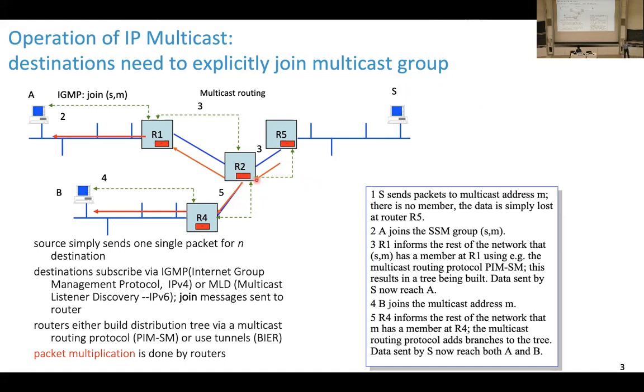The routers, in some sense, are real-time devices that are more fragile or more critical than the server. But the advantage of this way is that, let's imagine you have 10 servers in a row, and the source sends one packet, and each server duplicates the packet.